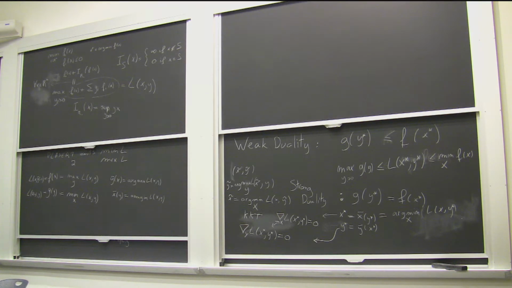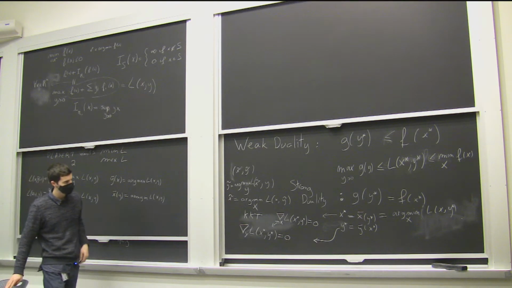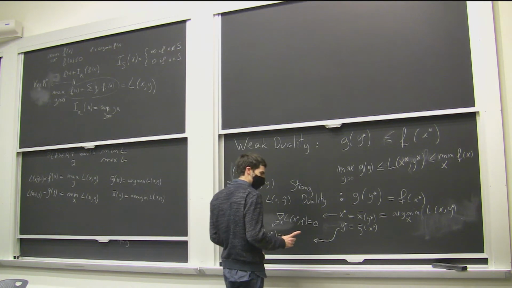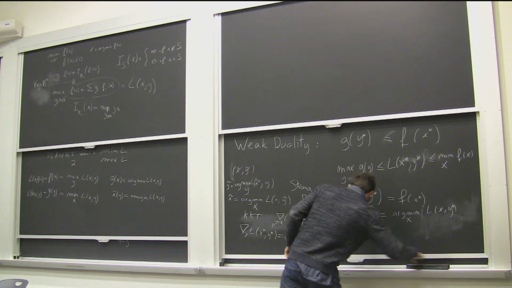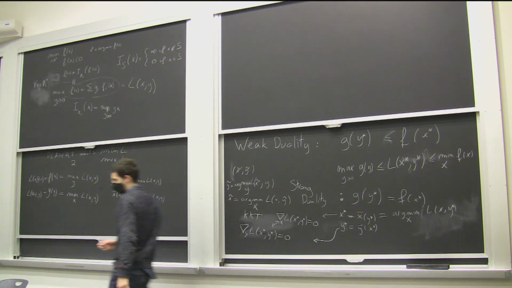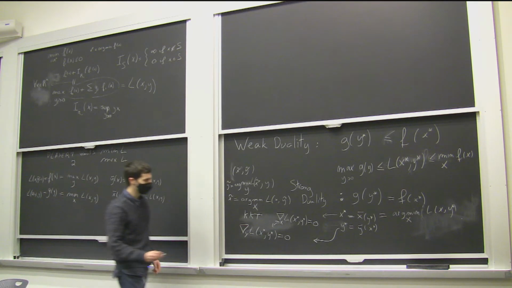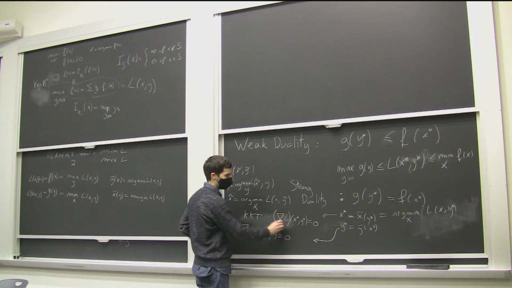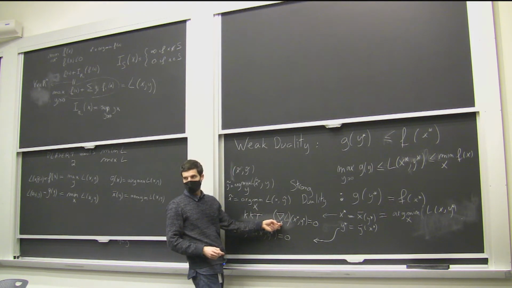Yes. I understand this notation because if you have x star and y star. Yes, exactly. So that's a very good question. So you should understand it like that. So you take the L function, you differentiate only with respect to x, and then you evaluate.